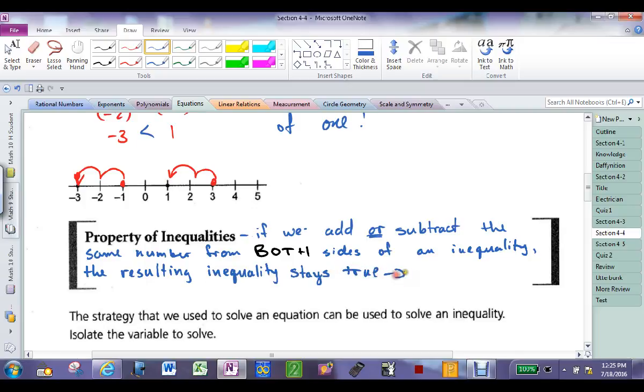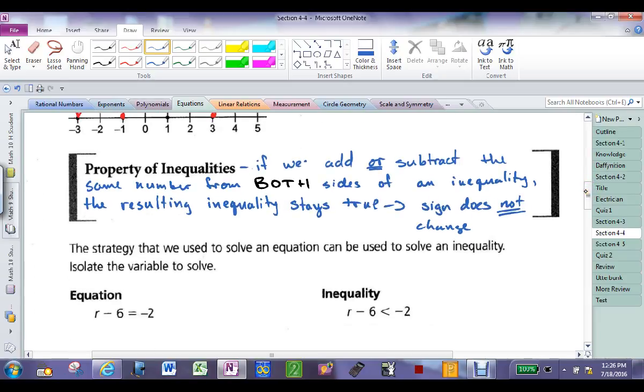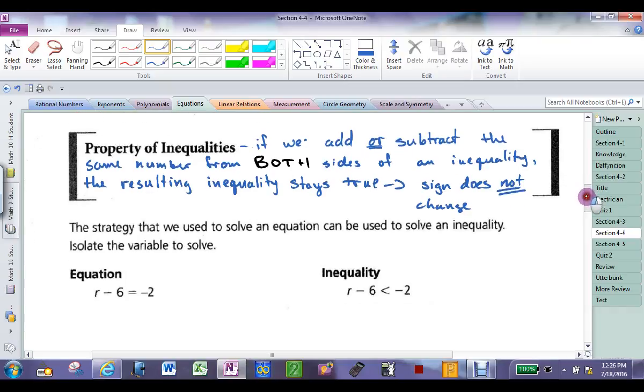What do I mean by it stays true? The sign does not change. Cool? All good?